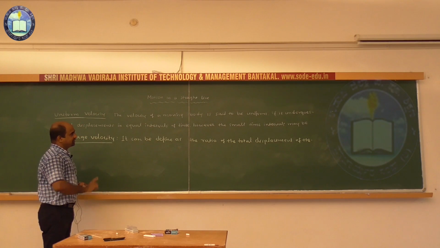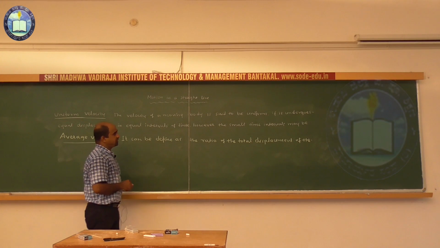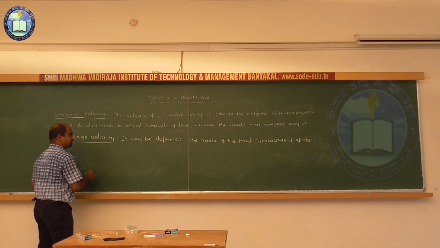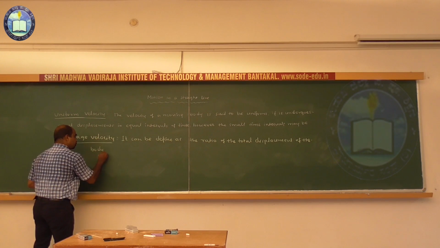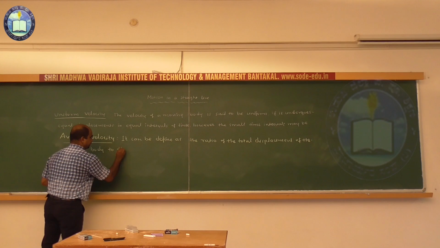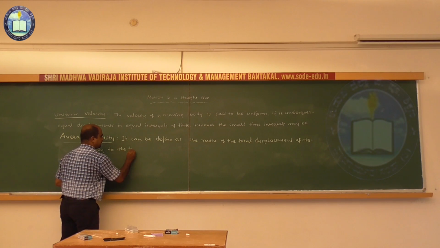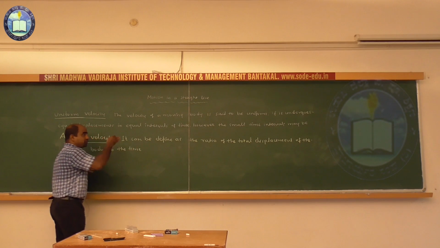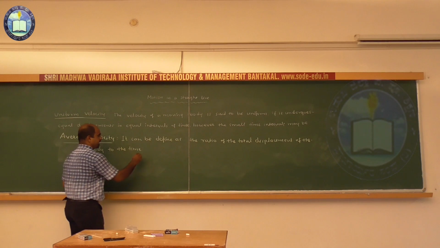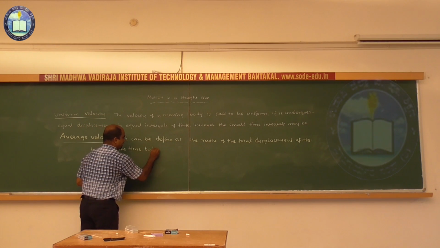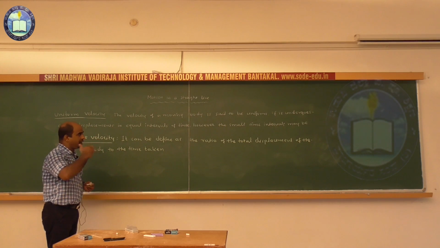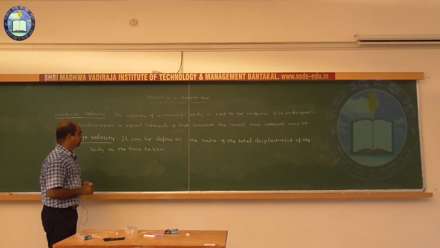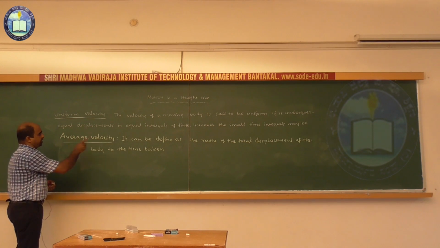It can be defined as the ratio of the total displacement of the body to the time taken to travel that displacement. That is average velocity.